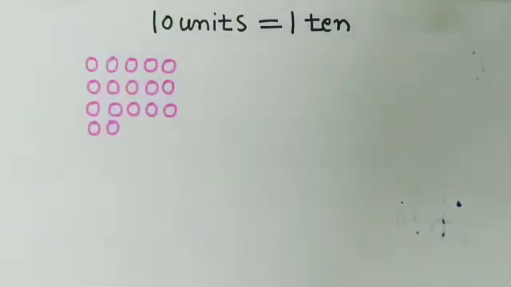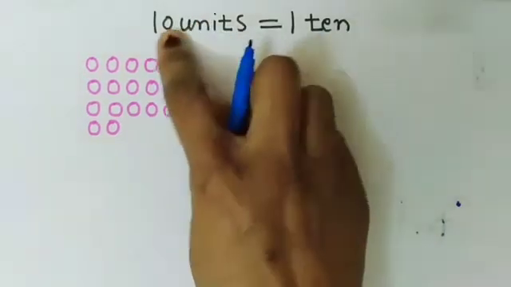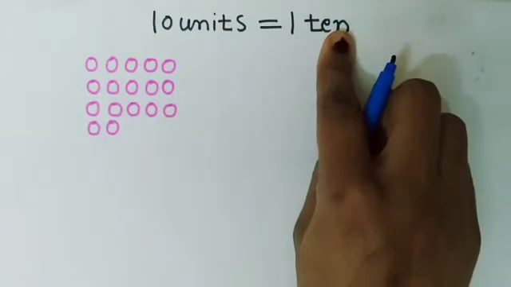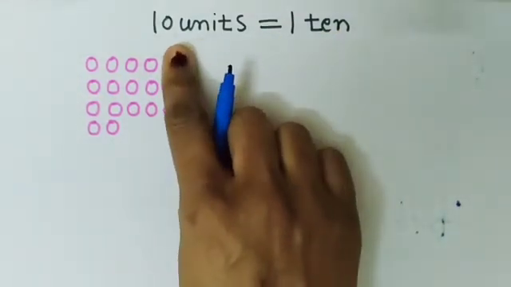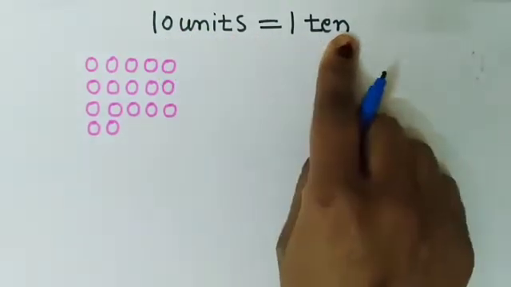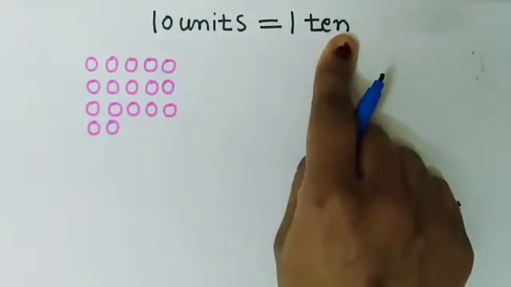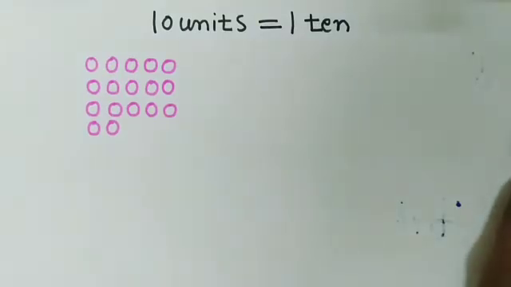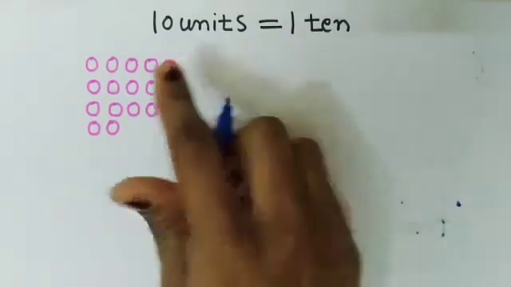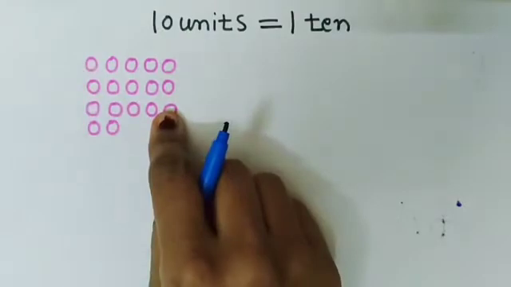Children, we have already understood that 10 units make 1 ten. In our previous video we understood that 10 units is equal to 1 ten. We will revise that here also. For example, here we have taken some beads.